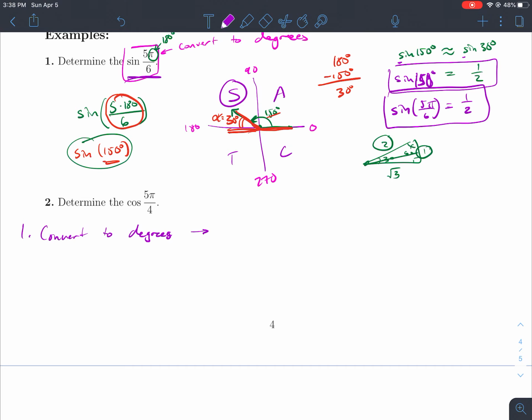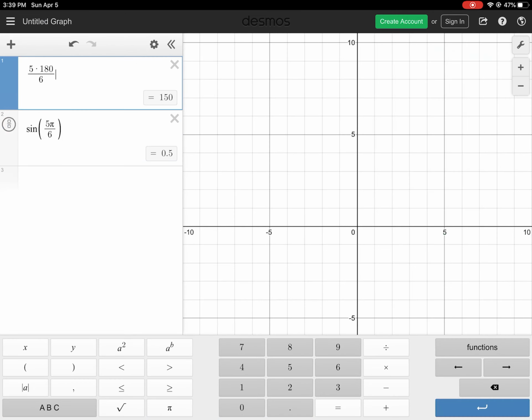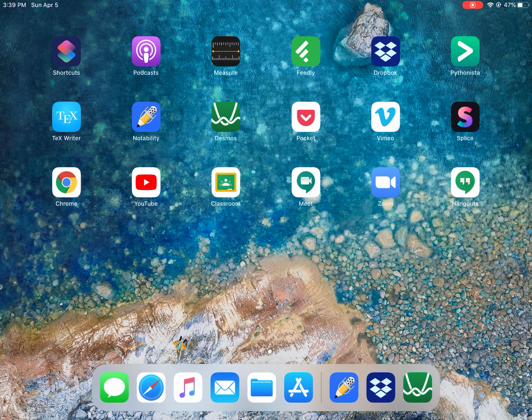So in our case, 5 pi over 4 becomes 5 times 180 over 4. If you plug that in on your calculator, you get 225 degrees. Let's just confirm. 5 times 180 over 4, yep, 225 degrees.